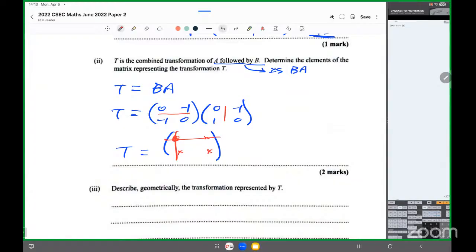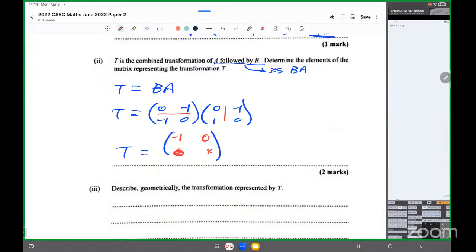So it is 0 times 0 and minus 1 times 1. That becomes a negative 1 right here. And this value is in the first row, second column. So I multiply this first row with the second column. So it's going to be 0 times 1 is 0, and minus 1 times 0 is 0. So this value is 0.